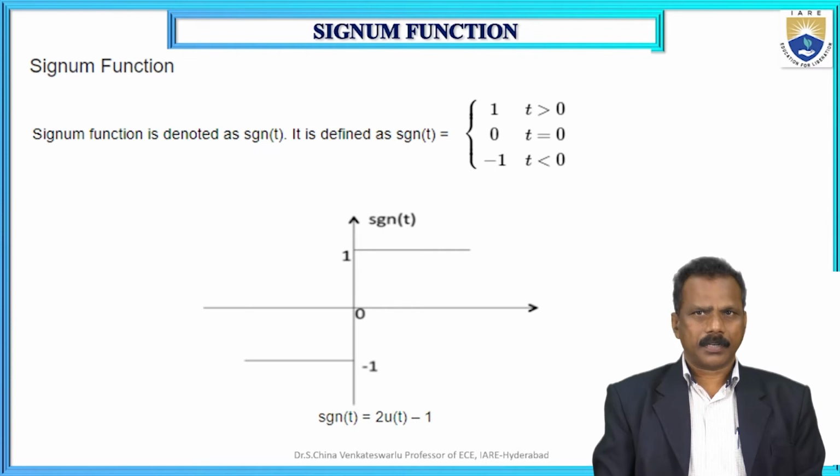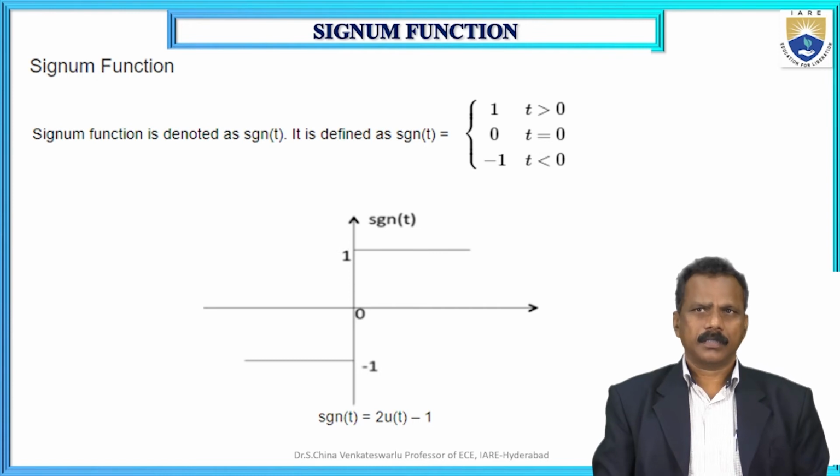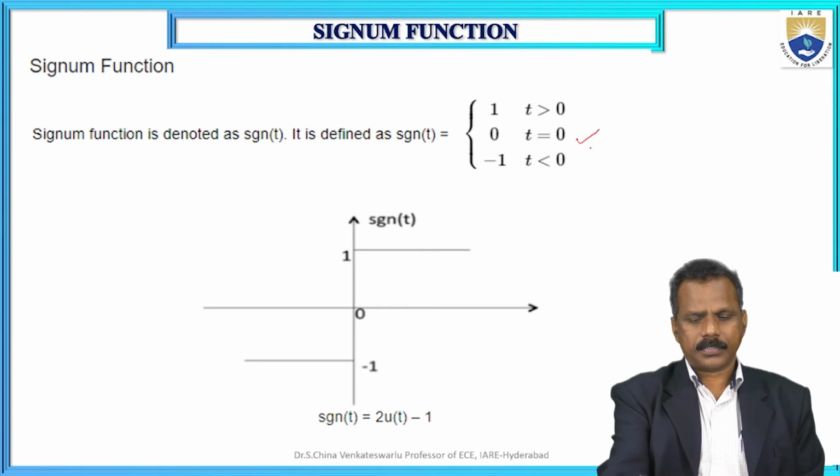Okay, the signum function is defined as signum of t, using the same condition where t is an element: 1 for t greater than 0, 0 for t equal to 0, and minus 1 for t less than 0.